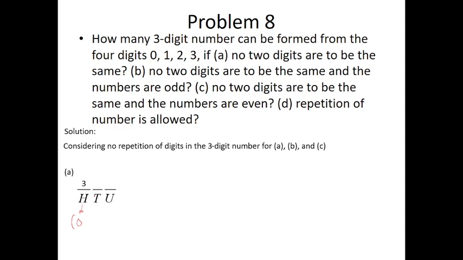Therefore, we can only place 1, 2, and 3 at the hundreds place. So there are three possibilities.